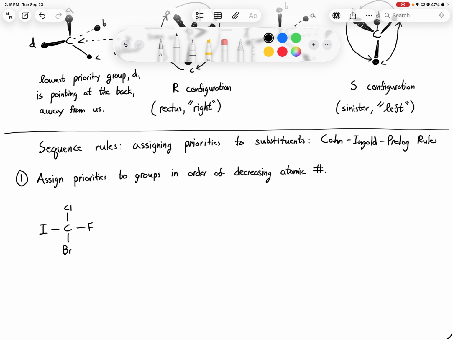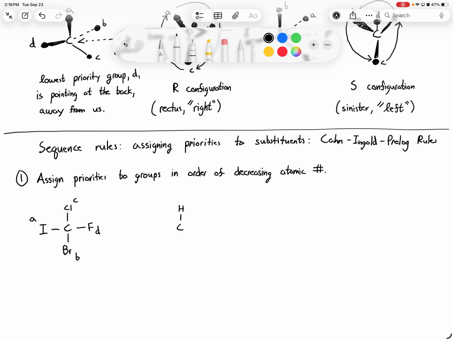So this will be letter A. What's next? Bromine. Letter B. What's the third? Chlorine. All right, and the lowest is fluorine in this case. In most compounds we see, it'll be hydrogen. Okay, but it's not always hydrogen.